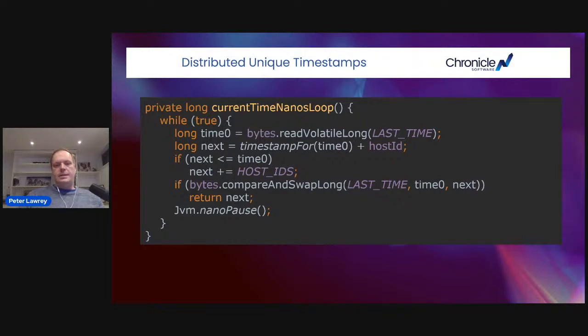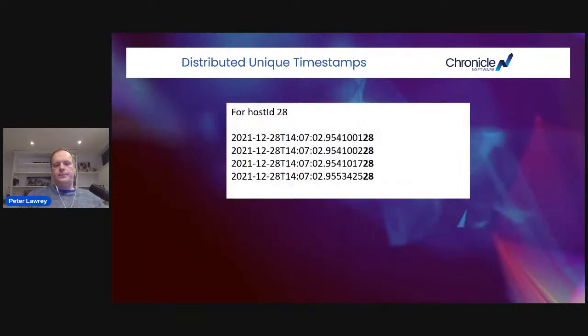The way this ends up looking, because it's a timestamp, is like a regular time, which is quite nice because it's relatively readable. It also saves you having to take another timestamp as well as having a tracing unique ID, because it's unique itself, and essentially puts the host ID in the last 2 digits of the timestamp. So you lose some resolution. You can only get 100 nanoseconds timestamp resolution, but that's usually enough.